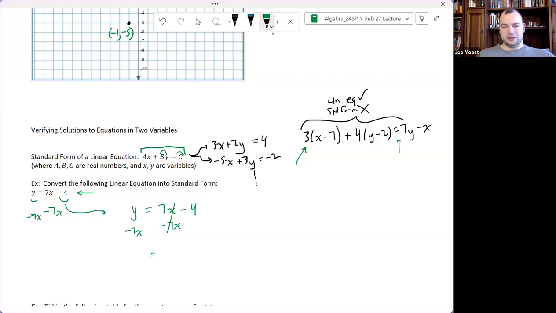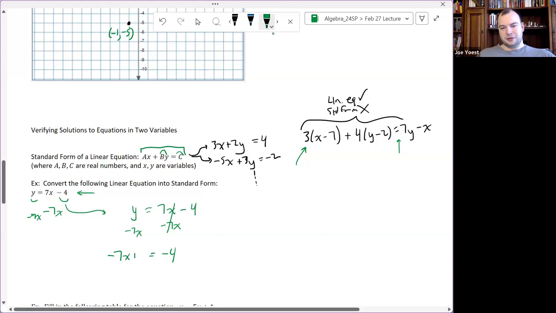That gets rid of the 7x on the right side, leaving me with just the constant term negative 4 on the right side. And on the left side, I have negative 7x plus y.